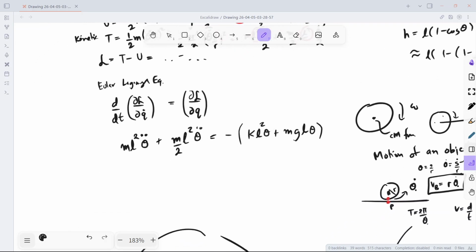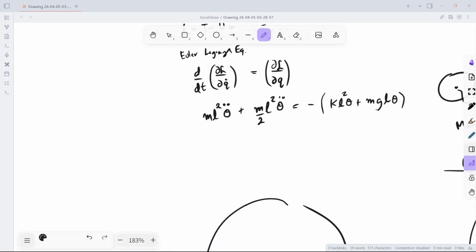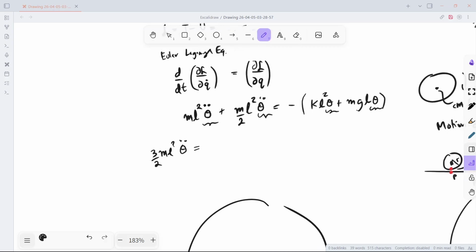Now we realize this is a differential equation in theta dot, theta double dot, and theta, so just a differential equation in theta. Collect like terms: the 3/2 m L squared of these is equal to minus (k L squared plus m g l) theta.